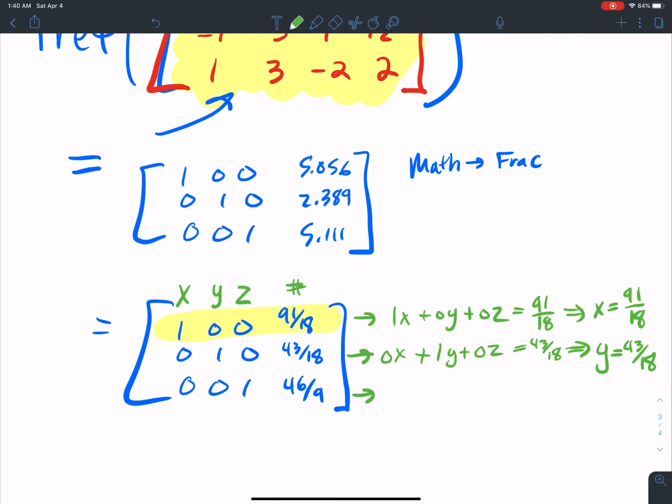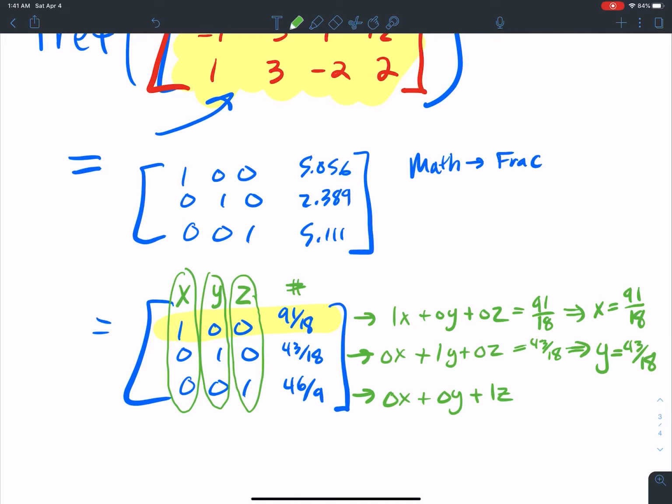And then the last one is 0x plus 0y plus 1z, right? So I'm just taking the z and putting it with everything in that column, the y with everything in that column, the x with everything in that column. And then those are just my numbers. And this is equal to 46 over 9, which tells me z equals 46 over 9.